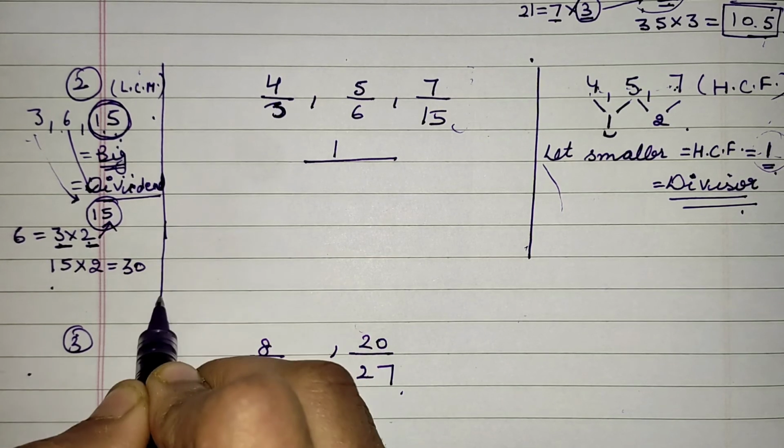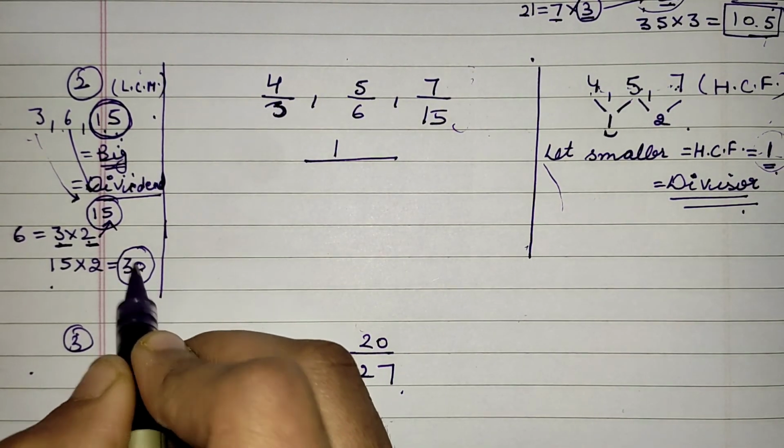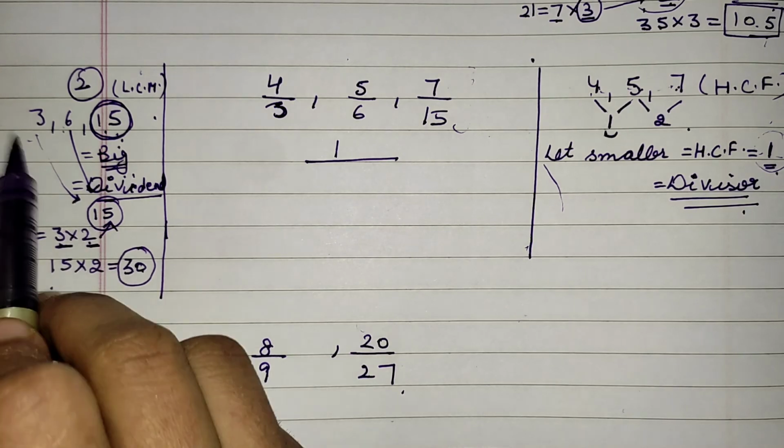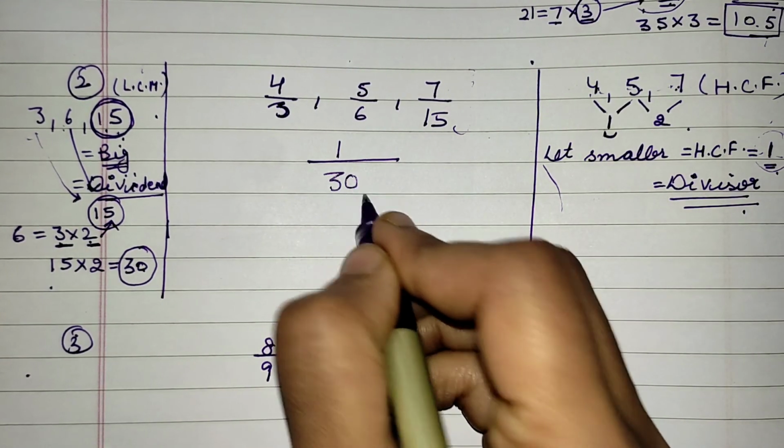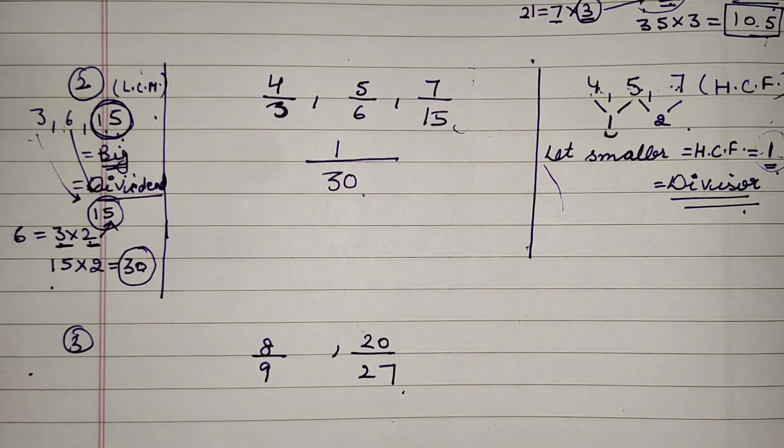So 15 into 2 will be equal to 30. 30 is divisible by 6, yes. So 30 is going to be my answer.